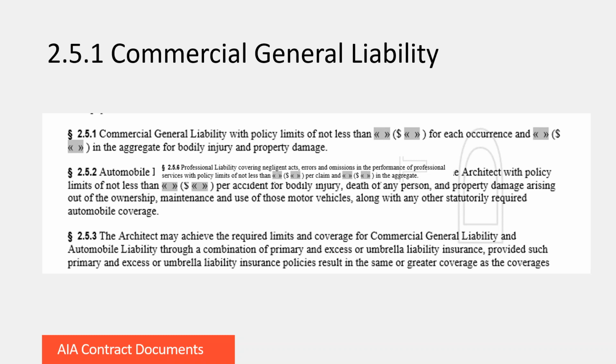So if there is a request for proposal, a request for qualifications that the owner has created, those documents may include insurance requirements for the project. And if that's the case, you may be pulling information from those earlier documents to make sure that you're complying with insurance requirements that you've already committed to.